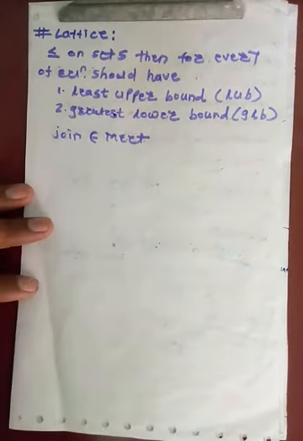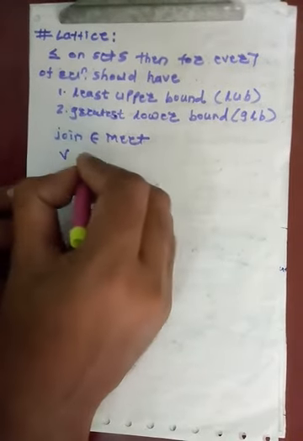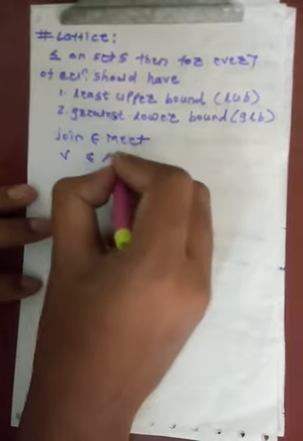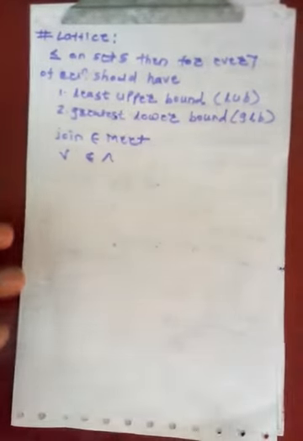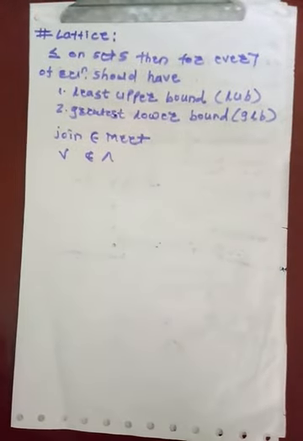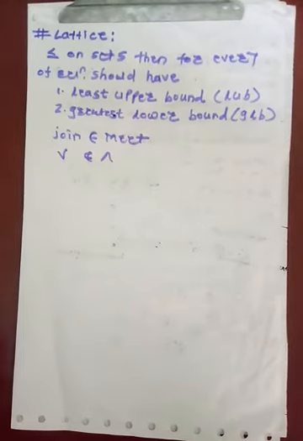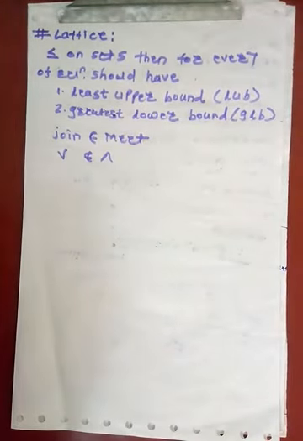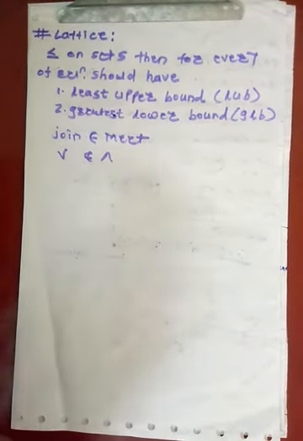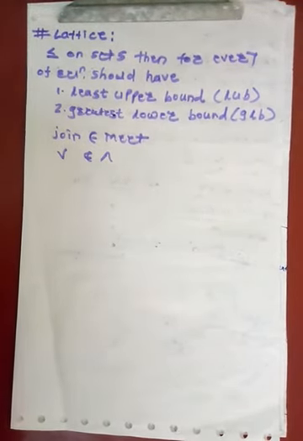Again, it is also called disjunction and conjunction. Join is nothing but disjunction and meet is conjunction. Right? So in this way we can check whether a given Hasse diagram is a lattice or not.